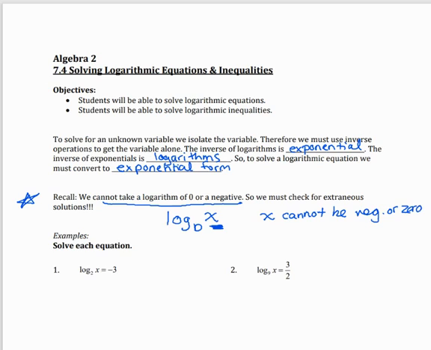That's because logarithms are inverses of exponentials, and we can never raise a positive value to get a negative answer, right? If I use a negative exponent, that just gives me a small number. So we don't get these negatives. You always have to double check: what you're taking the log of must be greater than 0.